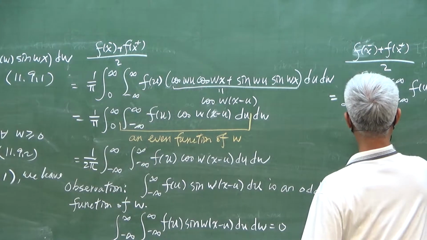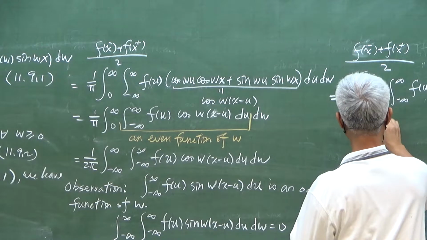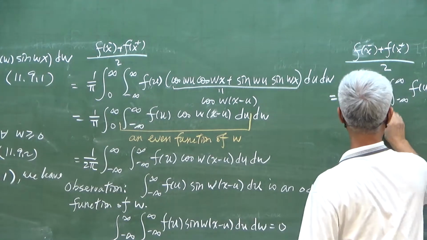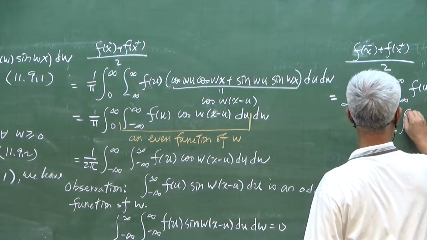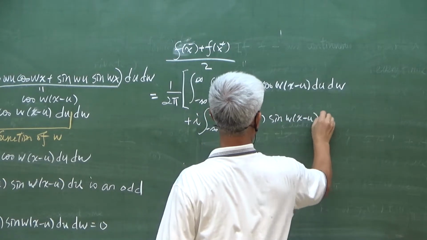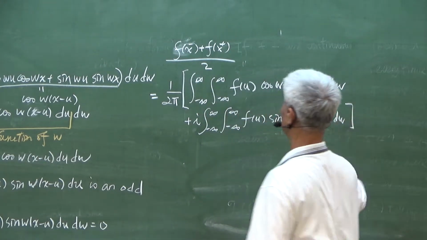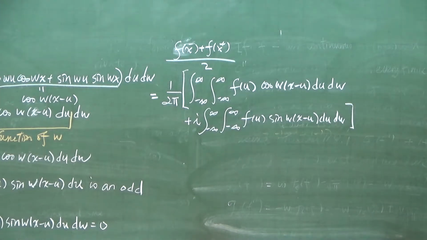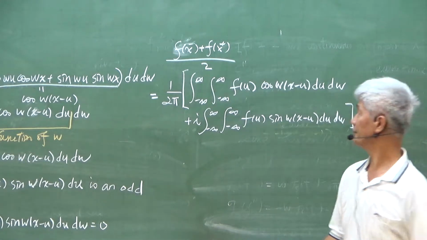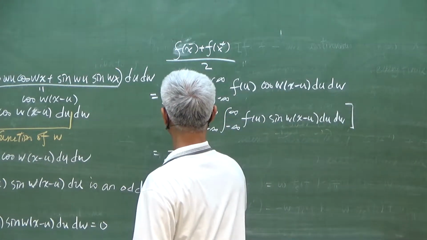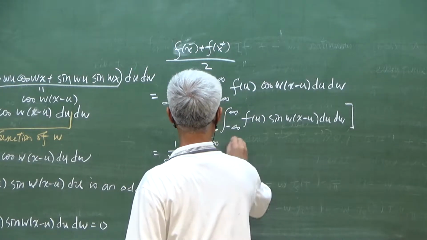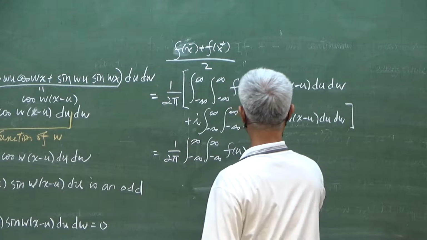Okay, we add something, i, the imaginary unit, times this. We add this step because this integral has value 0. But then so now we will join, so this becomes 2.